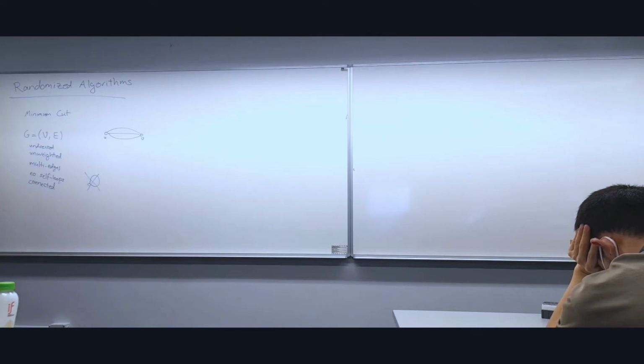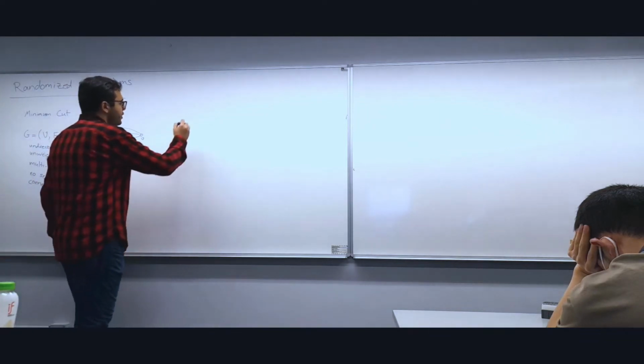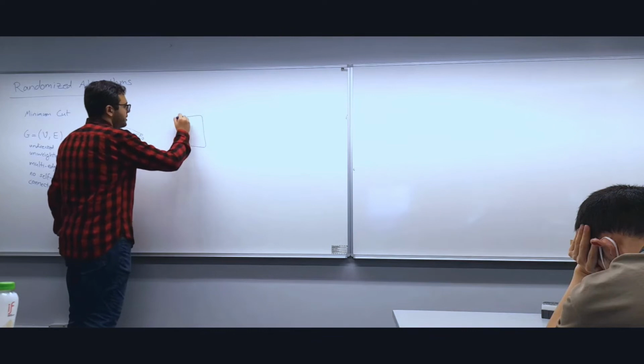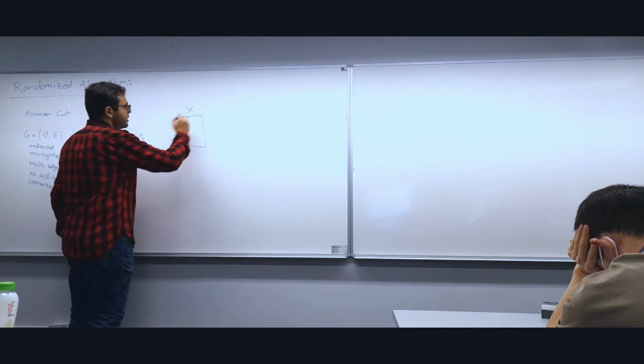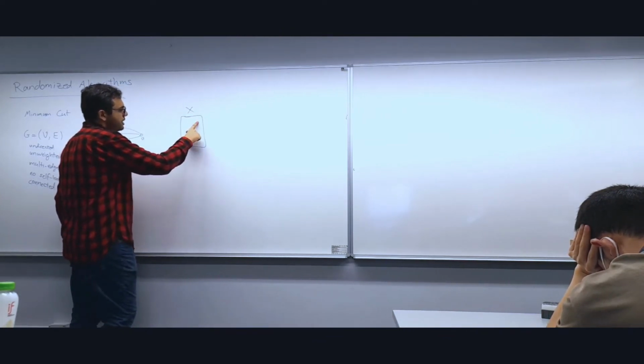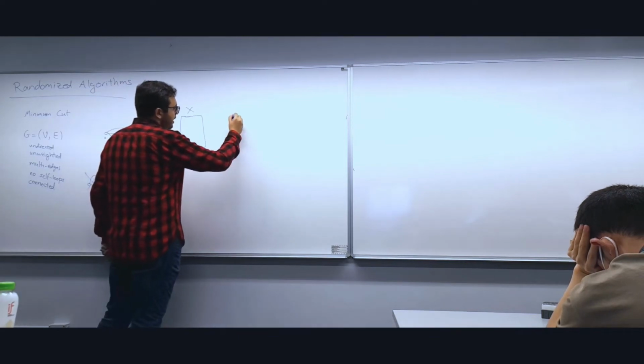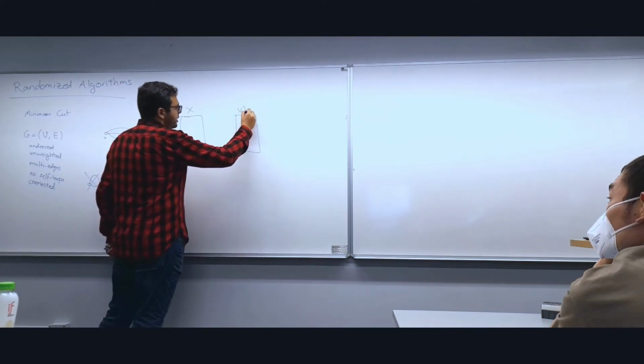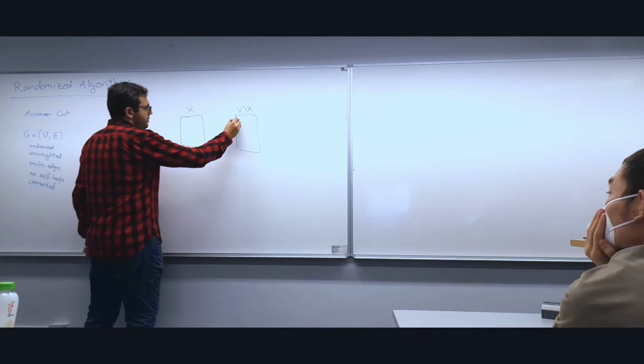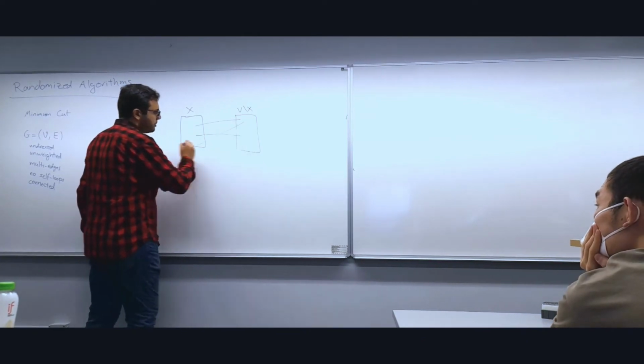Another way of looking at this is that we want to partition the graph in two parts. This is a familiar thing that we will see over and over again. So I want to put some of the vertices on the left side and the other vertices on the right side, and I want to minimize the number of edges that go from left to right.